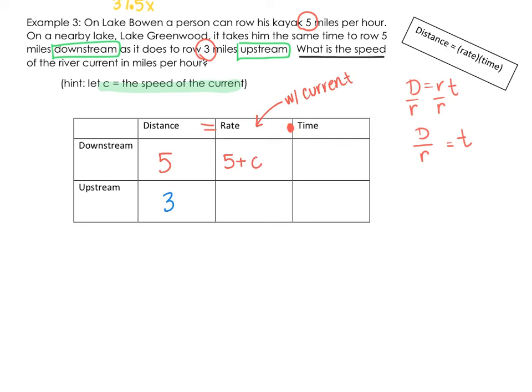The rate is the same 5, but I am going against the current, so I'm going to have 5 minus C. In my last column, time is distance divided by rate, and in the one above, distance divided by rate.